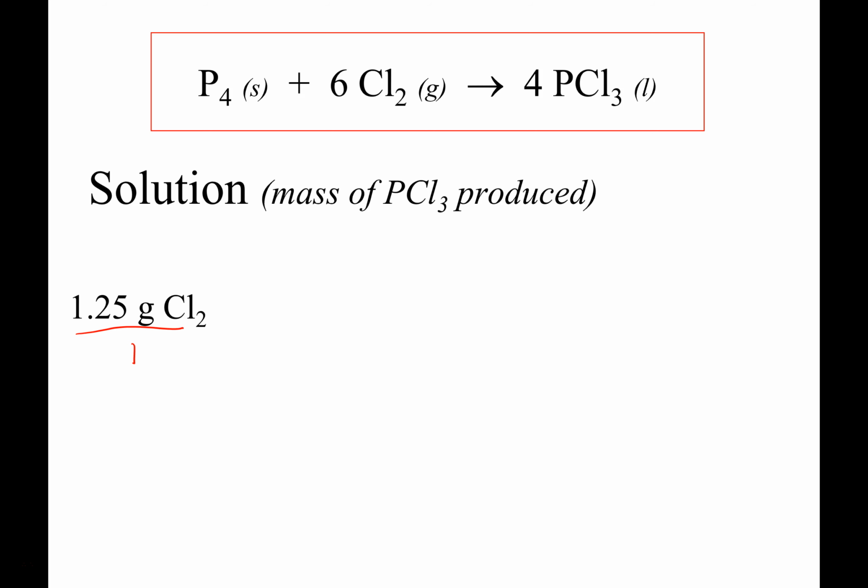So how could I use this? Flip it. So if I flip the molar mass, and again, that's always going to be kind of the cadence to this sort of problem, grams of Cl2 cancel. We're left with moles of Cl2 now.